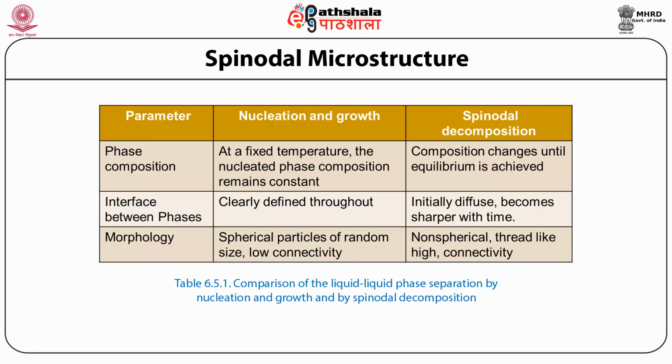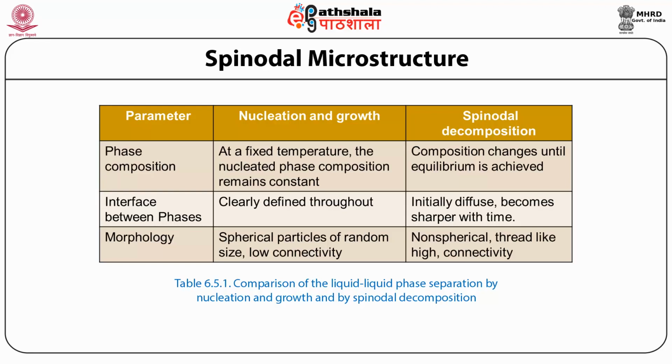At a fixed temperature, the nucleated phase composition remains constant, whereas in case of spinodal decomposition, the composition changes until the equilibrium is achieved. As for the interface between phases, these are clearly defined throughout, whereas in case of spinodal decomposition, they are initially diffuse and then become sharpened with time.